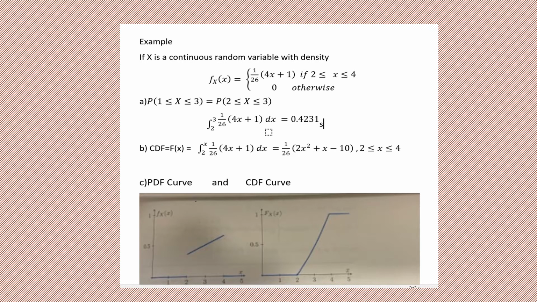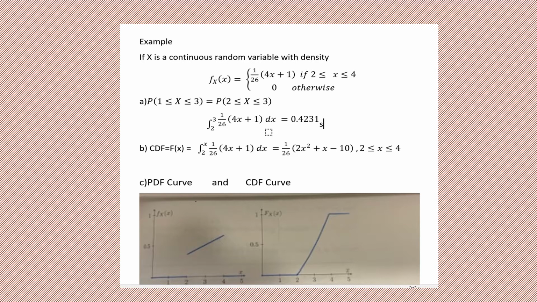If you are looking for a cumulative density function, according to the formula, it is from negative infinity to x, but my lower limit is 2, so it is the integral from 2 to x of 1 over 26 times 4x plus 1 dx. When you integrate and evaluate this integral, you get 1 over 26 times 2x squared plus x minus 10 in the interval 2 to 4. So that is this diagram.